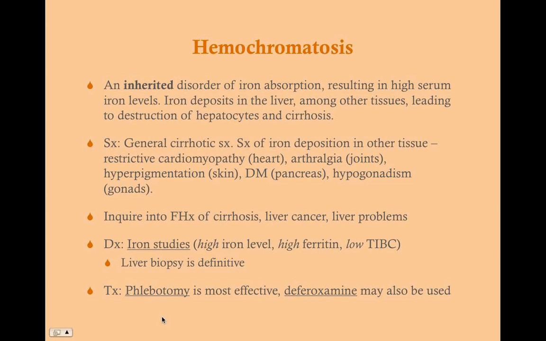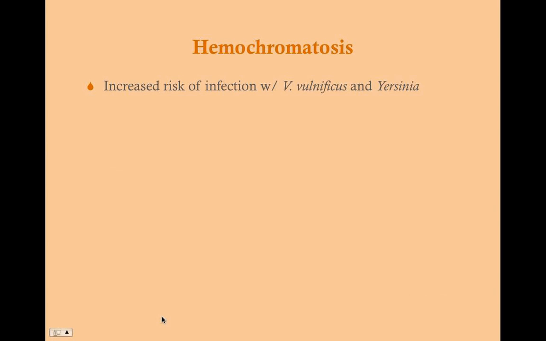So phlebotomy is most effective at treating hemochromatosis, but you can also use the iron chelator deferoxamine. There is an increased risk of infection in patients with hemochromatosis, and those organisms are Vibrio vulnificus and Yersinia. Those are both notable for causing diarrhea.